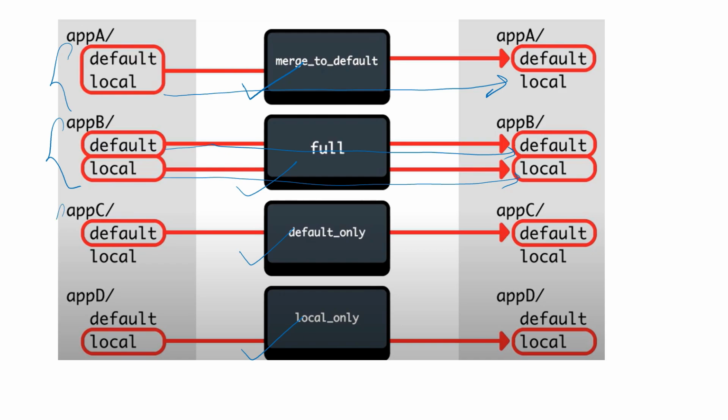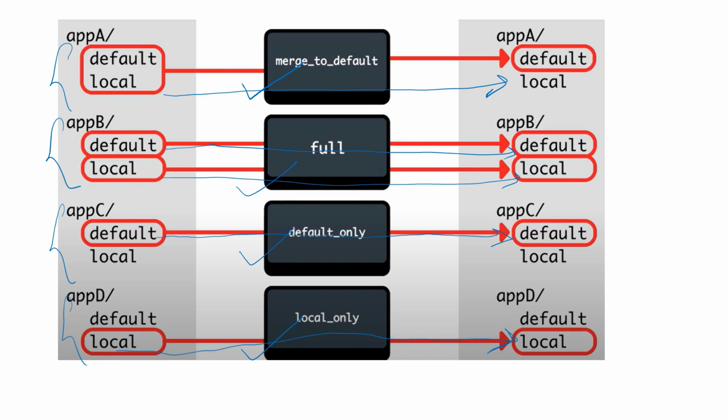Now coming to the third one, default only. In default only, the configs present in the default directory will be pushed to your search head cluster members. And in a similar way, in local only, the content of the local directory will be pushed to your search head cluster members.